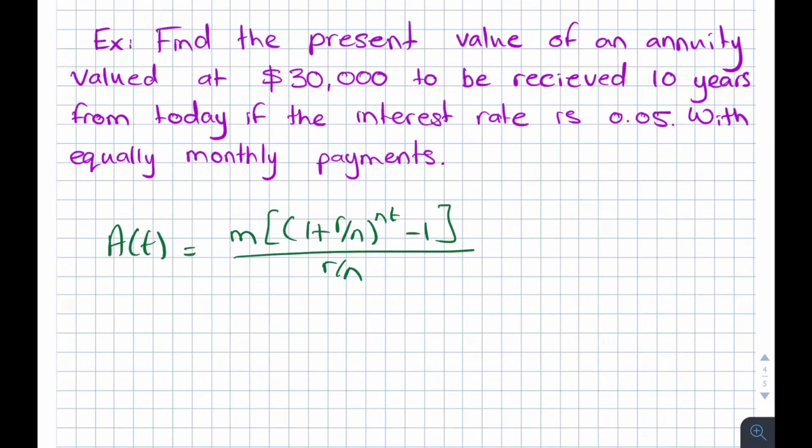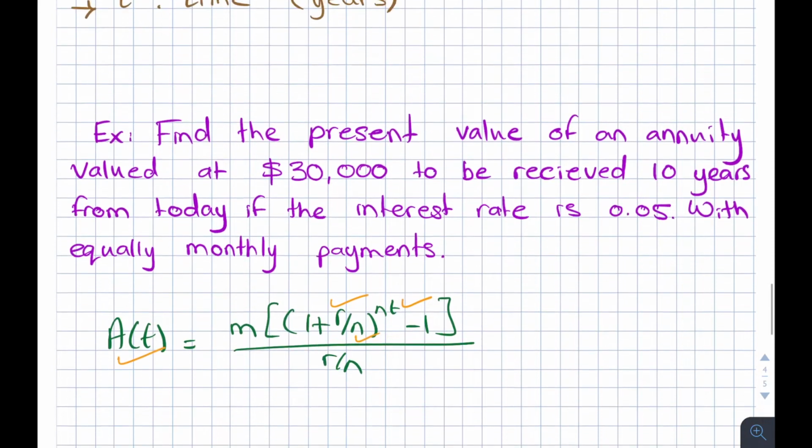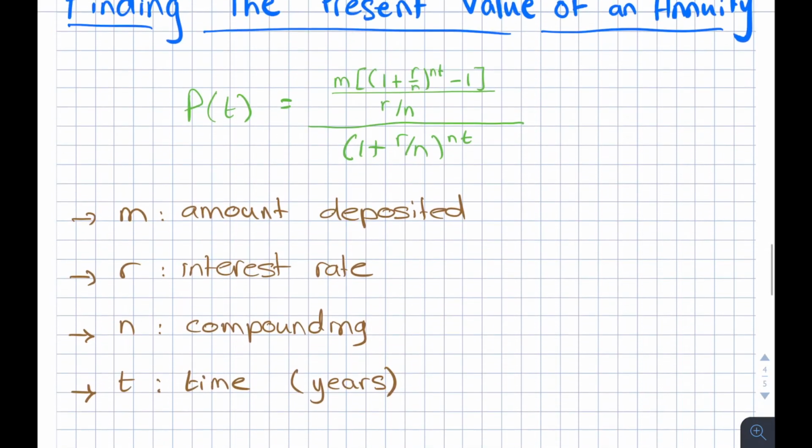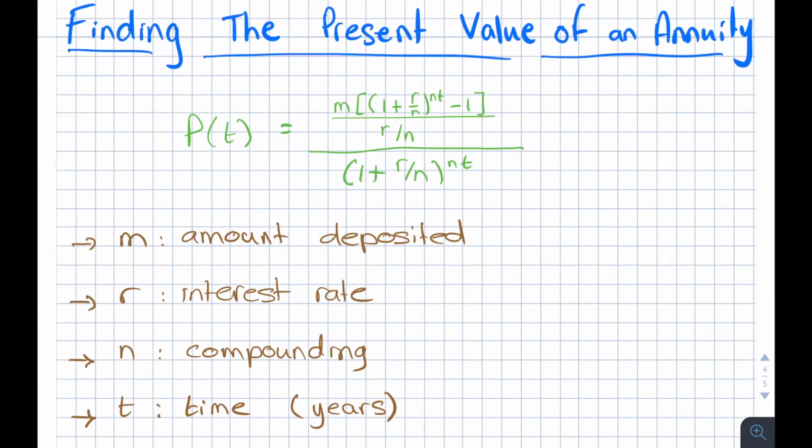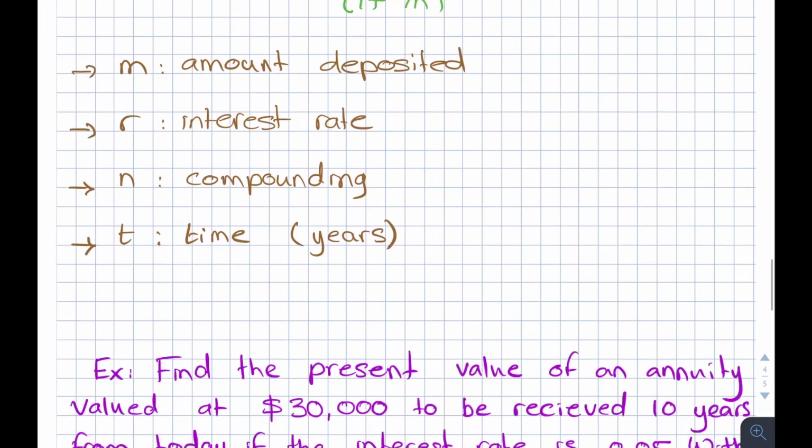That means we have A of t, we have R, we have N and T, and then we need to solve for M. Because if we just try to plug it into the present value of annuity equation, which is this one over here, we can see that we're missing the P value and the M value, and we can't solve that using just one equation.